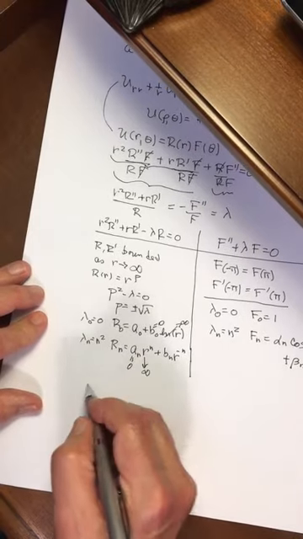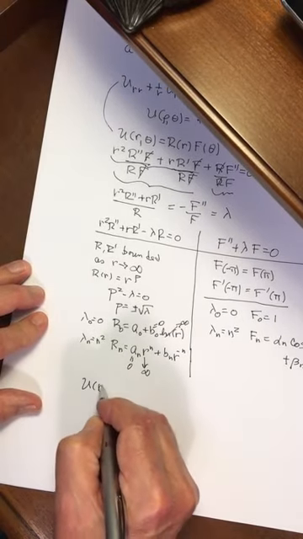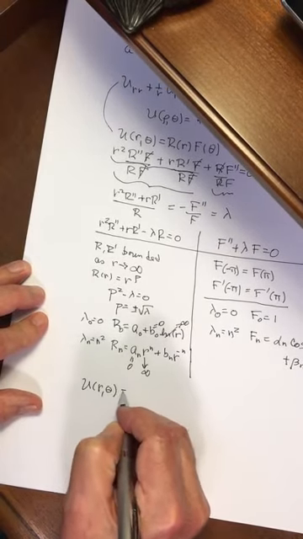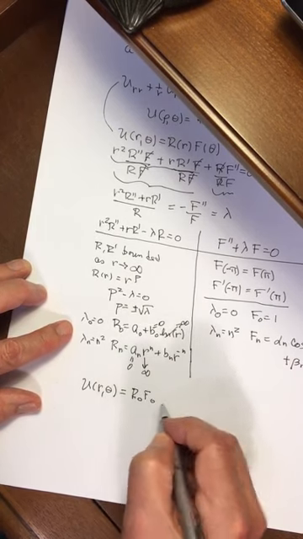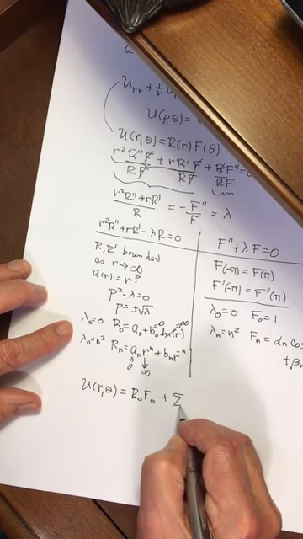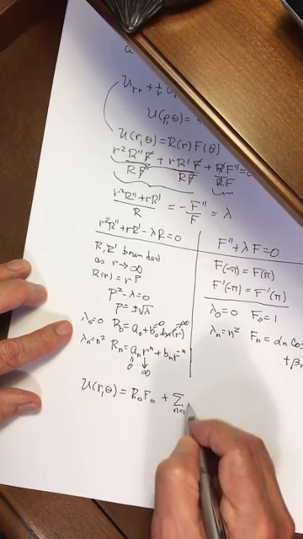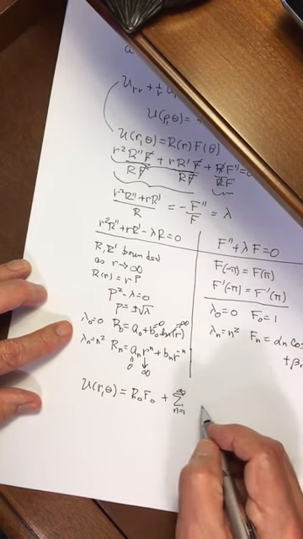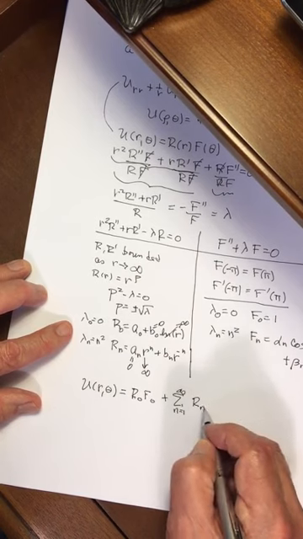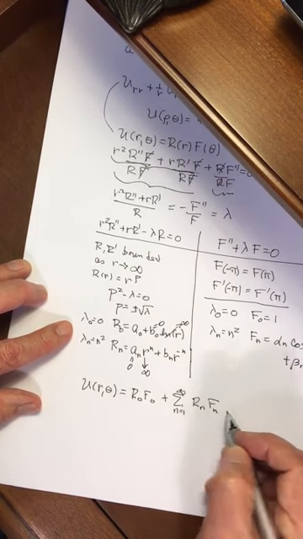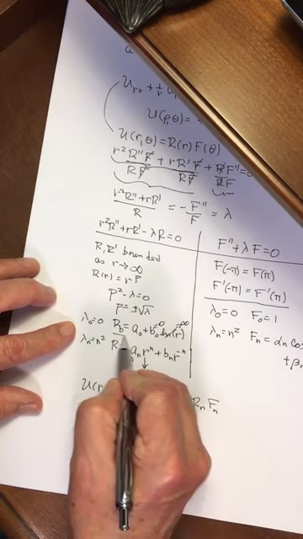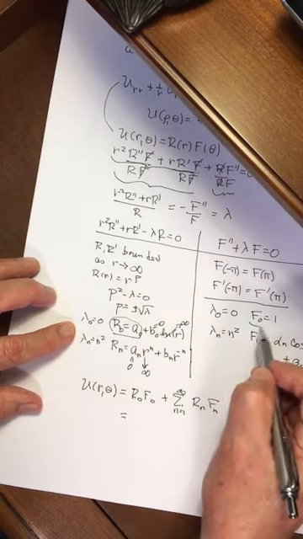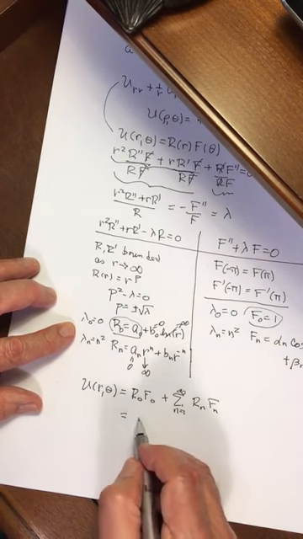solution. The general solution is going to be u of r and theta equals r0 times f0 plus the summation, n starting at 1, of rn fn, and I want to write that out. So let's see, r0 is a constant and f0 is 1, so we'll just call that a0.